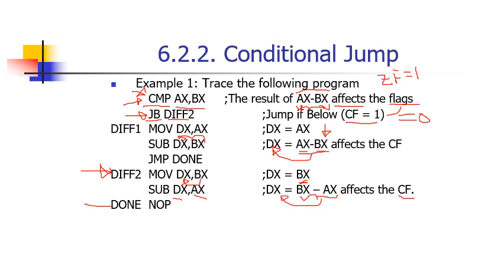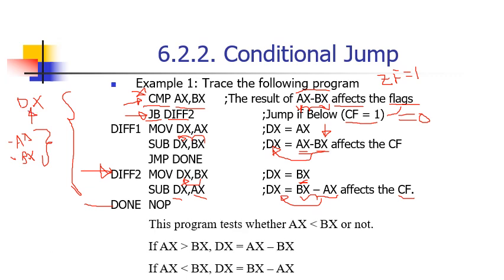This code checks the difference between AX and BX. If AX is higher or BX is higher, in both cases, the absolute difference is placed in DX. So the value inside DX is always positive.